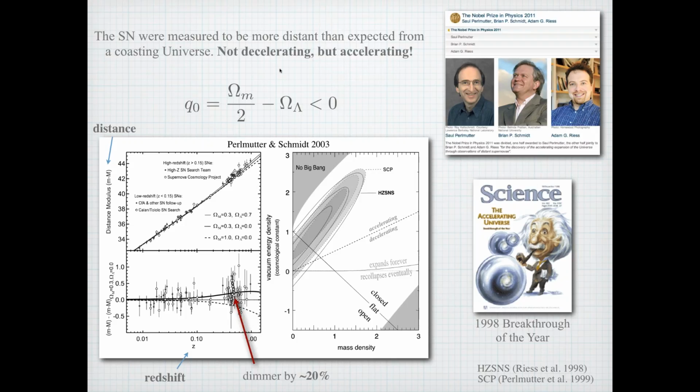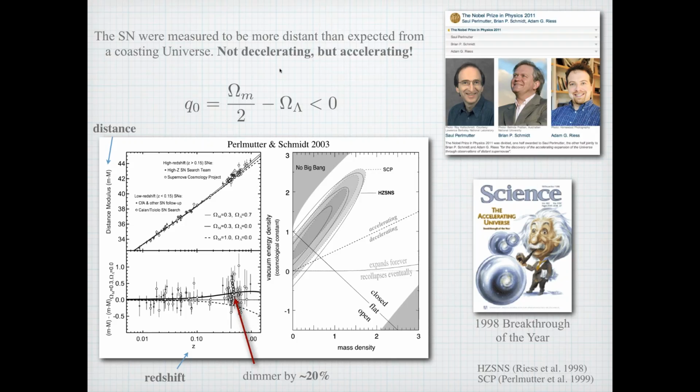Which means that the distances of those supernovae came out to be slightly farther away compared to a universe which is expanding at a constant speed. So you can only interpret that as the universe going through some phase of acceleration between now and then.